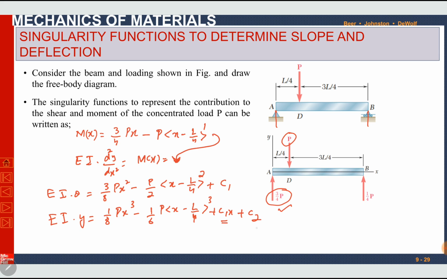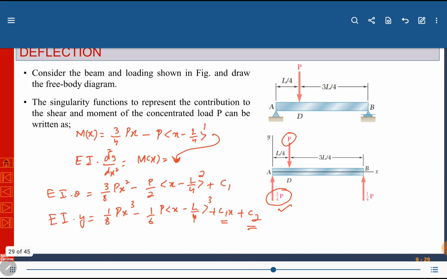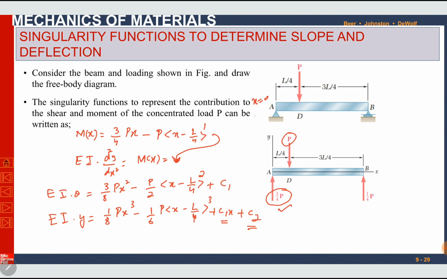Again, C1 and C2 are unknown constants, and they can be found using boundary conditions. The method is similar to what we have used previously. For each kind of beam, we need at least 2 boundary conditions. In this beam, it is simply supported, so we have 2 boundary conditions: at x equal to 0, y is 0, and at x equal to L, y is 0.